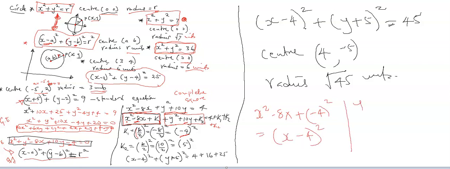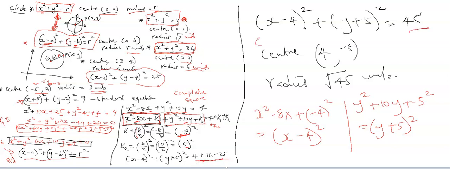Again, for y squared plus 10y, k2 is 5 squared. This can also be written as (y plus 5) squared is equal to 4 plus 16, that's negative 4 squared, plus 25, 5 squared. And this will give you 45 on the right hand side.